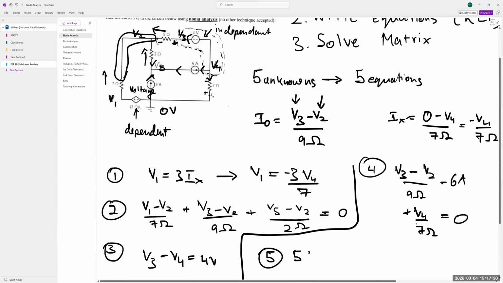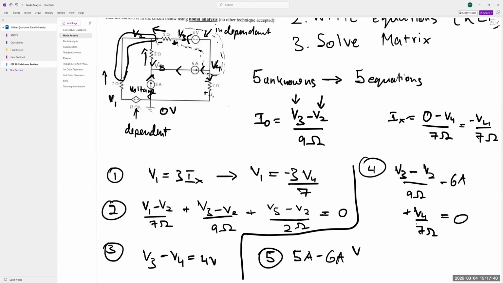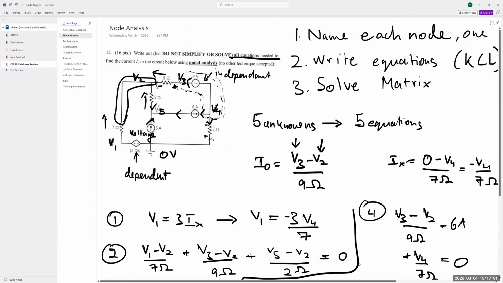So 5 amps coming in, 6 amps leaving, so negative 6 amps coming in. Then from the top over here, from V2, we're getting V2 minus V5 over 2 ohms. All of these add up to 0. We have accounted for all of them. So these 5 equations are the solutions to this question.